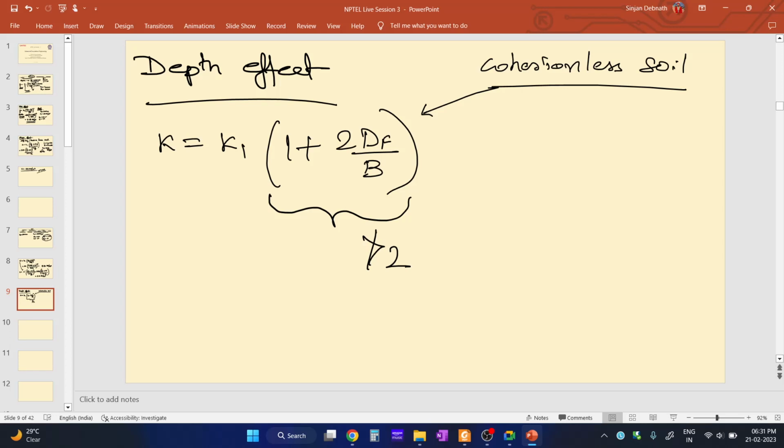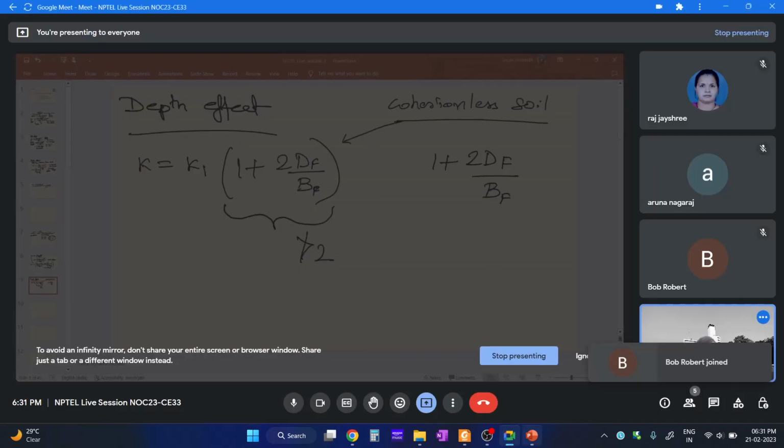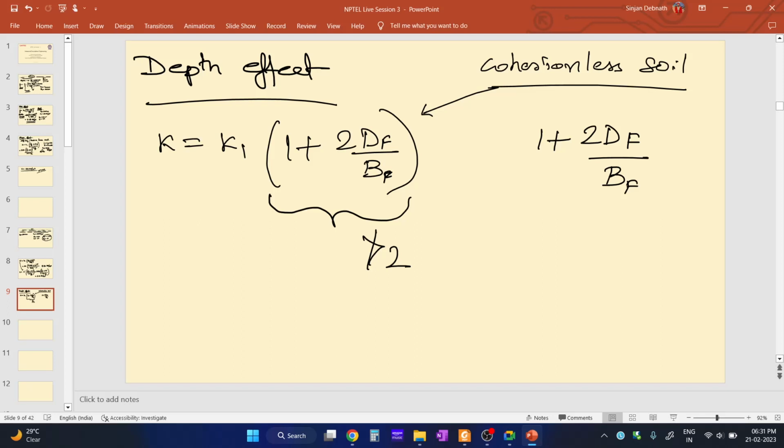Df is the depth of the foundation. B is breadth of the foundation. So first let us calculate what is 1 plus 2 df by bf. Okay.